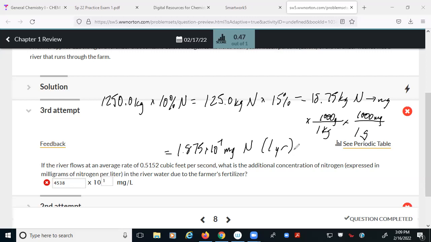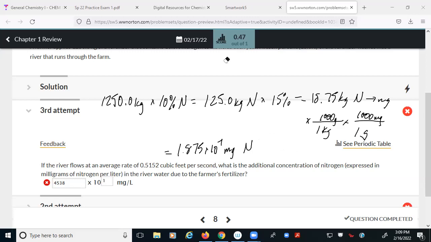Could we also turn this to 1 second? Well, you have to get them in the same time. So yes, you could take that 1 year and pare it down to a second. Actually, it would not take that much to do.